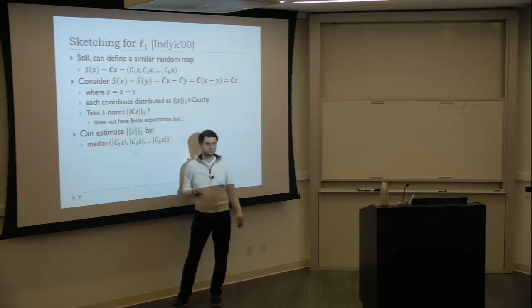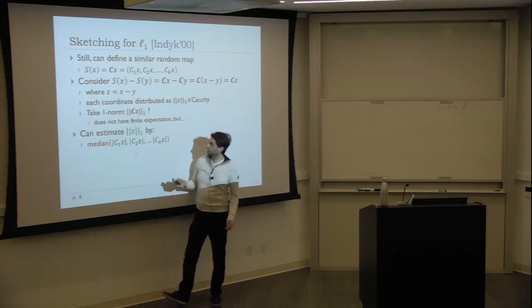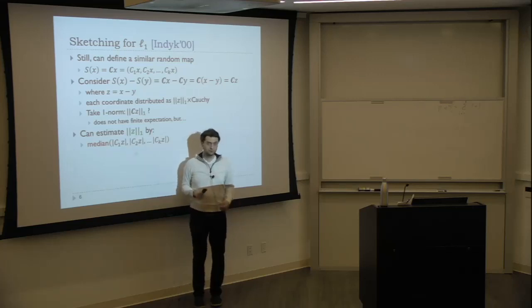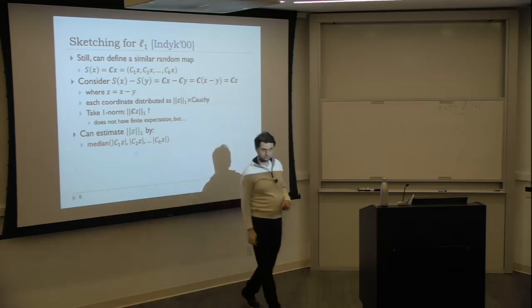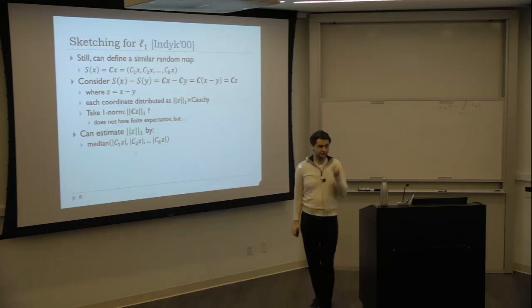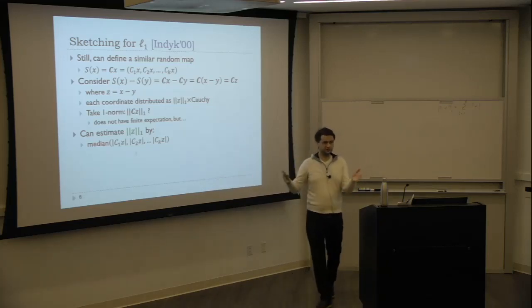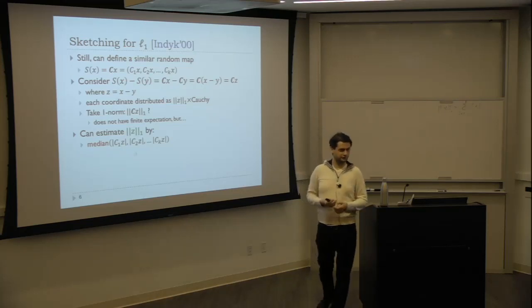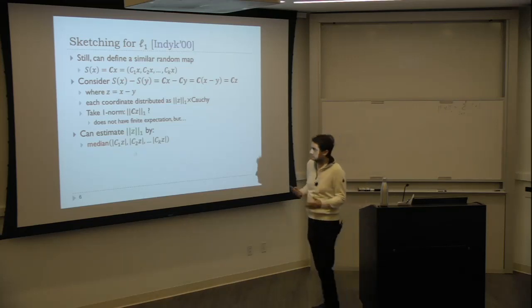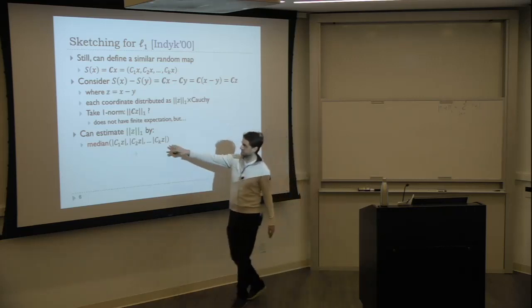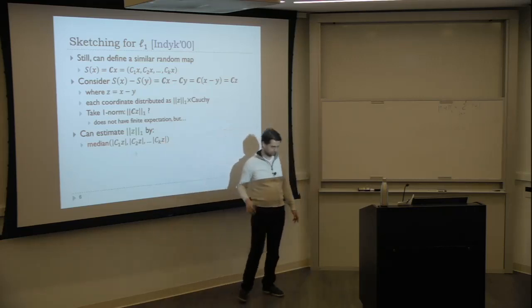More formally, it's a k-dimensional vector, we take the absolute value of each coordinate, and then we take the median of that. This is where the difference between a mathematical formula and a more computational view comes in. Median is a very computational thing, and definitely this kind of thing won't give you a metric.